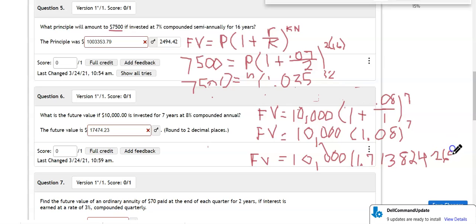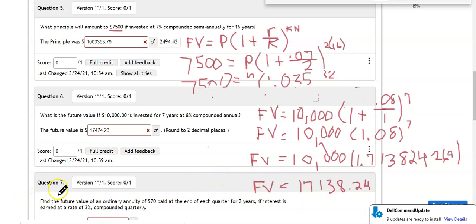And now I can multiply it times the 10,000 and get my future value, which is going to be 17138.24, and I'll round it off to cents at this point. So it looks like you were close, but somewhere you goofed up in there.